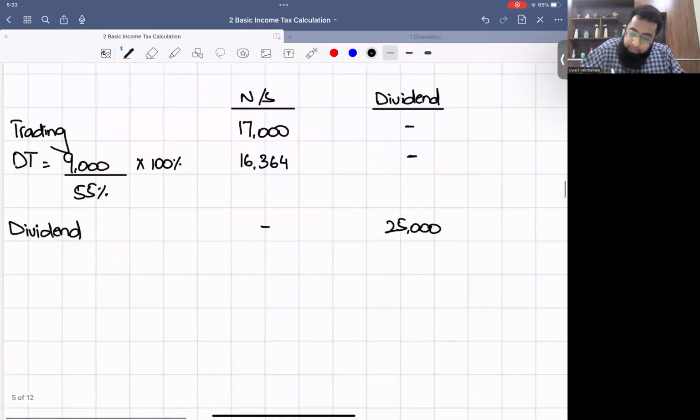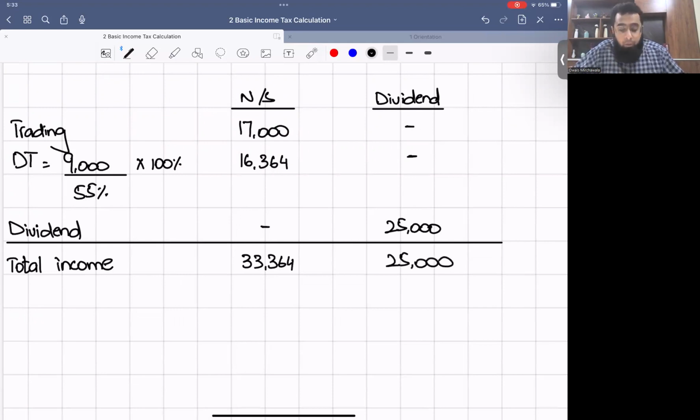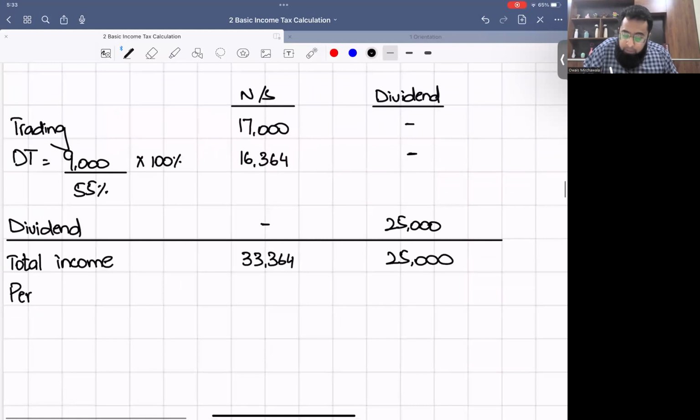Now let's look at it carefully. We will add up all of them to arrive at the value of total income. So 17,000 plus 16,364 is 33,364, and this is 25,000. Then we'll deduct the personal allowance.